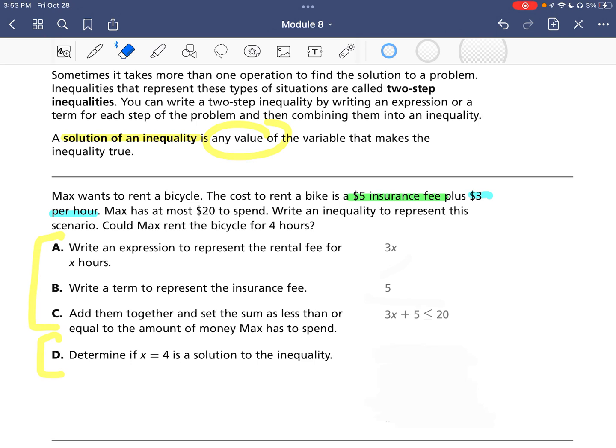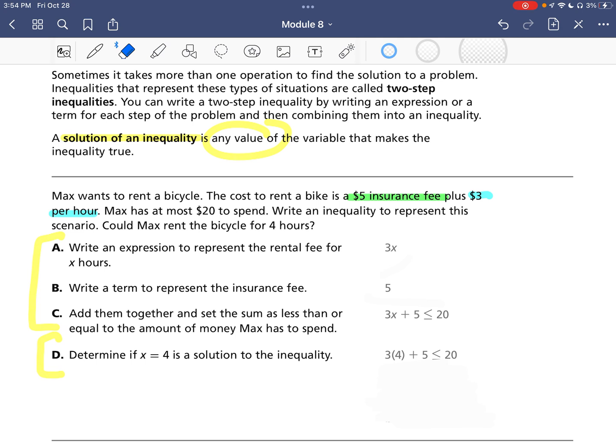So first we're going to, actually, you know what? We can just plug in for our X. Yeah, let's plug in 4 for X and see what we get.